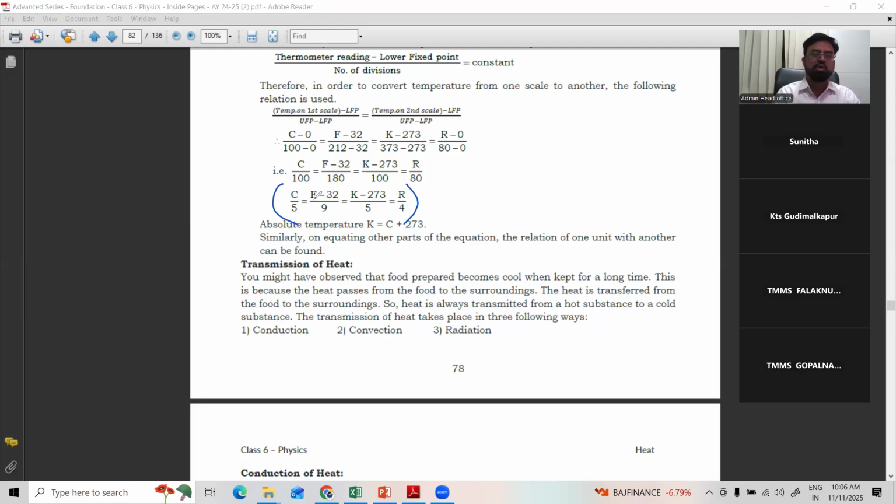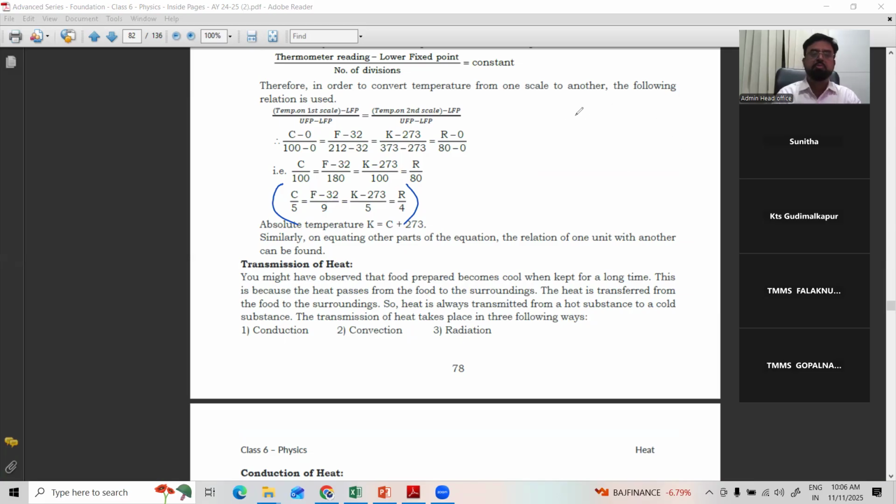C by 5 is equal to F minus 32 by 9 is equal to K minus 273 by 5 is equal to R by 4. We just cancel with this and we get the simplest form. By using this, we can convert any temperature into any temperature. Already I told you.